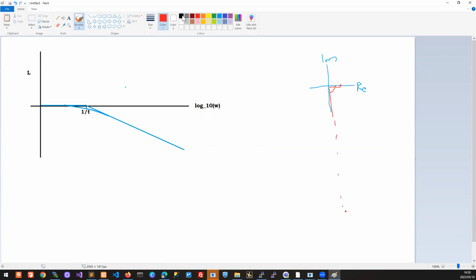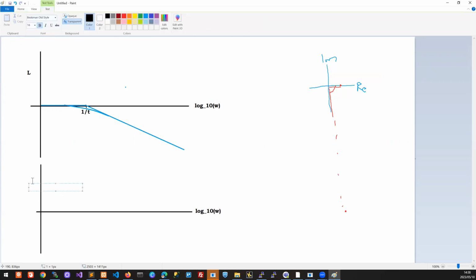So if we were to graph that, let's produce another set of axes here. So we've said for low values of omega, and again, we've got the log of omega as our x-axis. So there's our x-axis, and this time it's theta. I'm just going to type the name, theta.